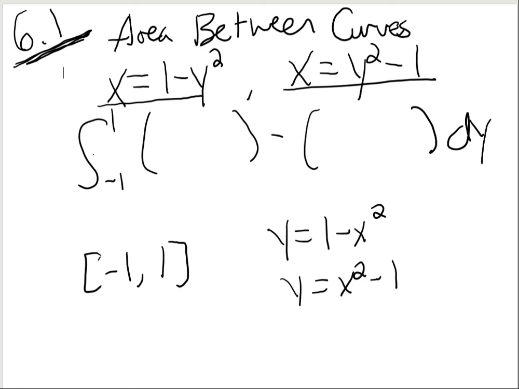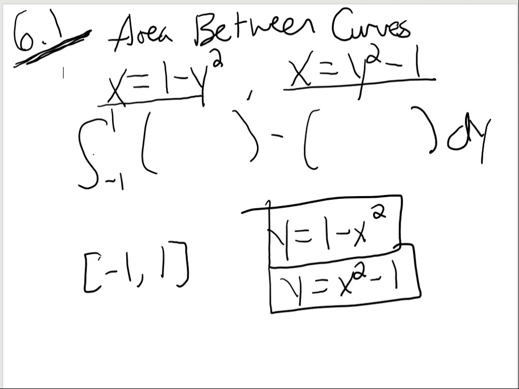So what you'll get is that our downward facing parabola lies on the top and our upward facing parabola lies on the bottom. So what does that give us?